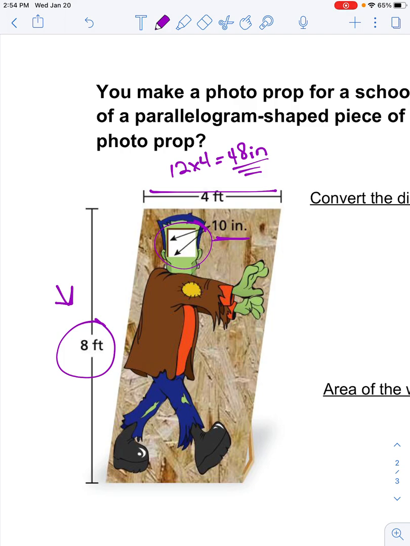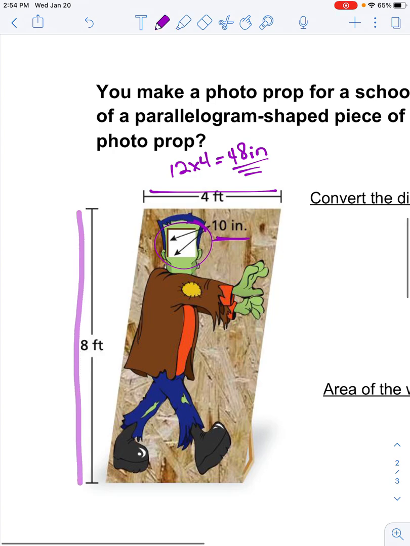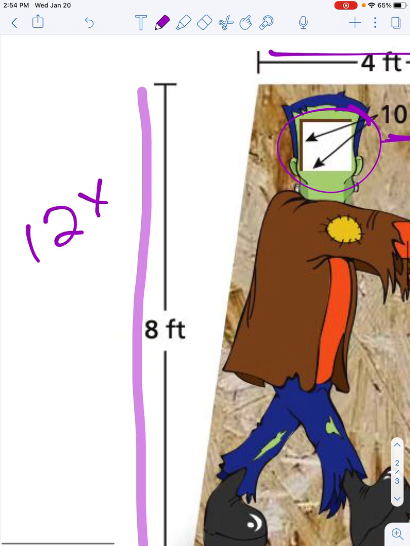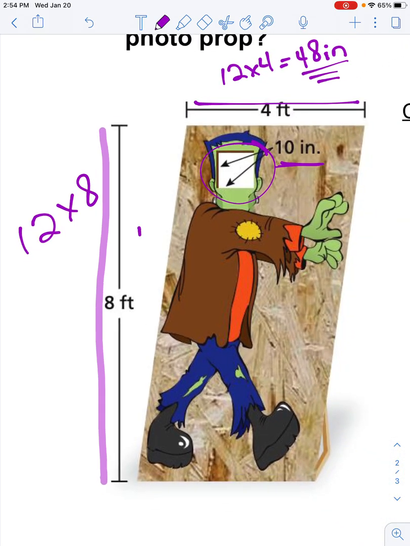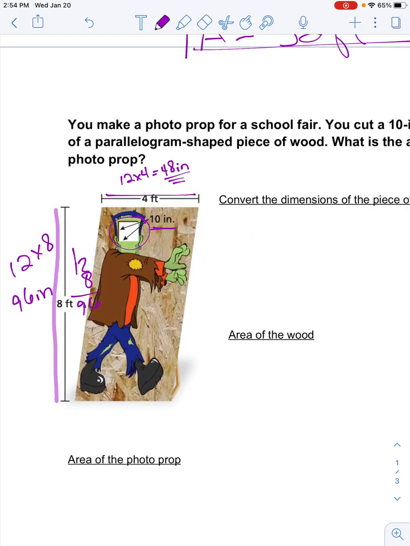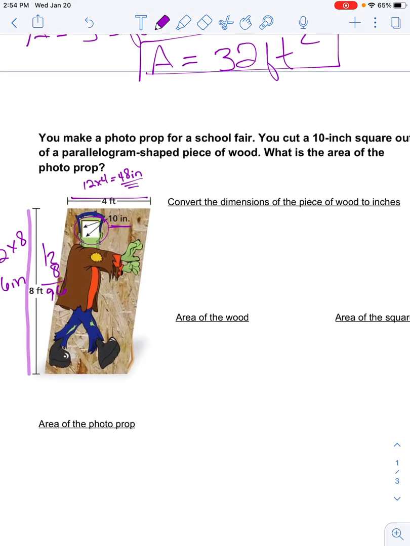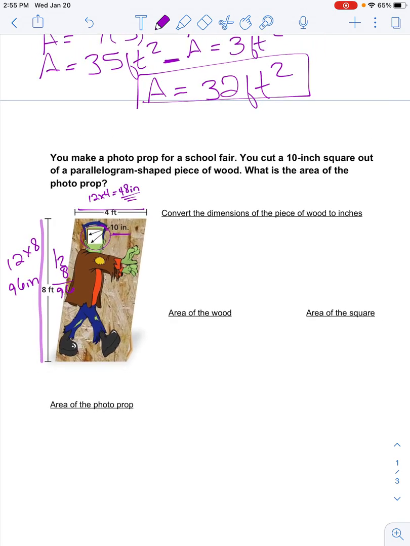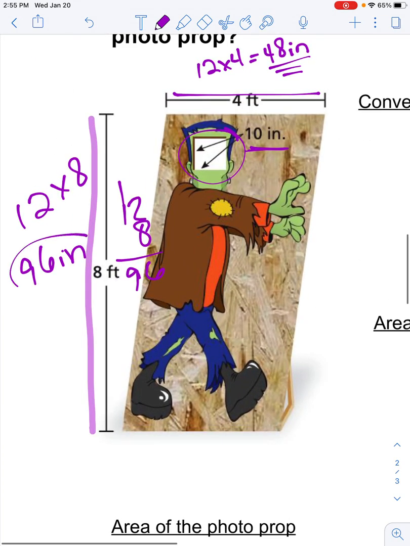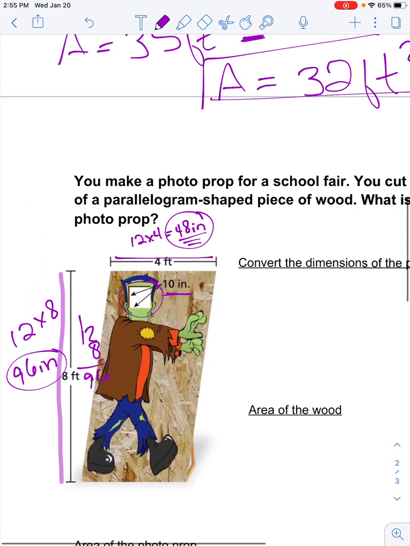Down on the height, 8 feet, there are 12 inches in a foot, so 12 times 8 should be 96. 96 inches is the height of the parallelogram. So there's step one. We made sure we're all working with the same dimensions: 96 inches, 48 inches.